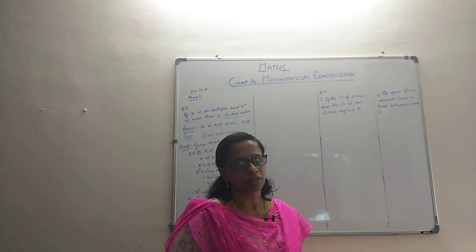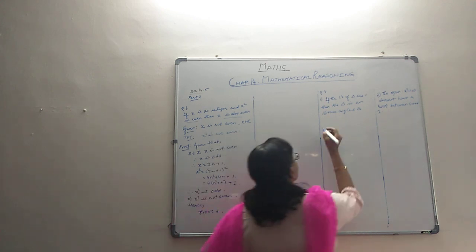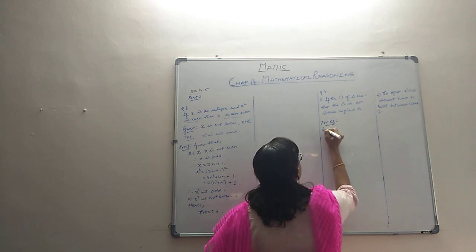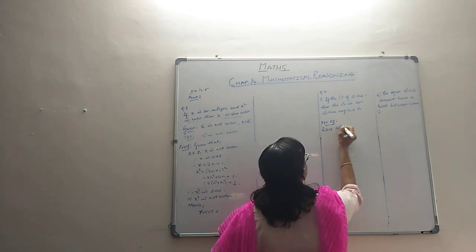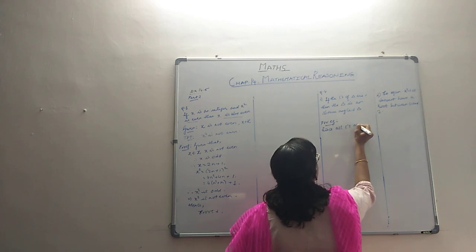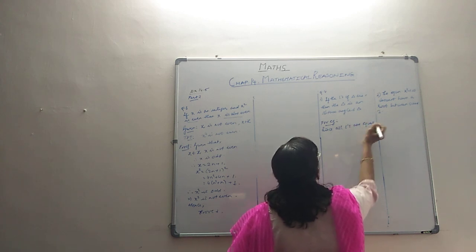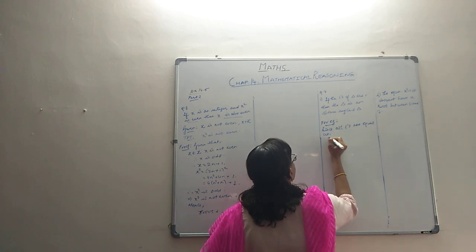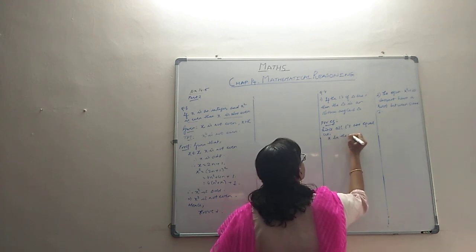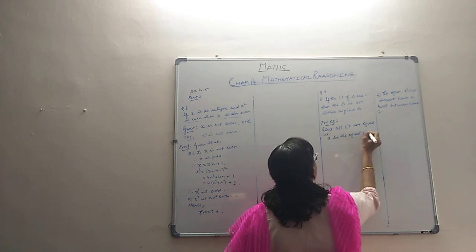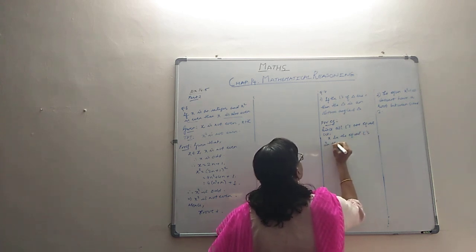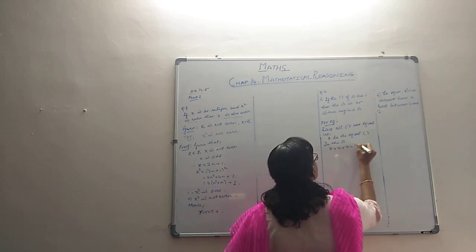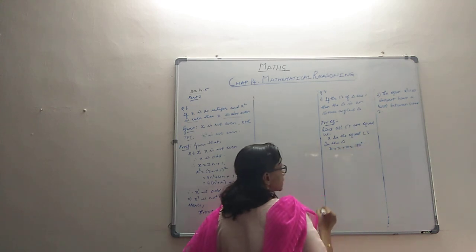So to get a counter example to it, for example, since all angles are equal, let x be the equal angles in the triangle. x plus x plus x is 180, because of the angle sum property.